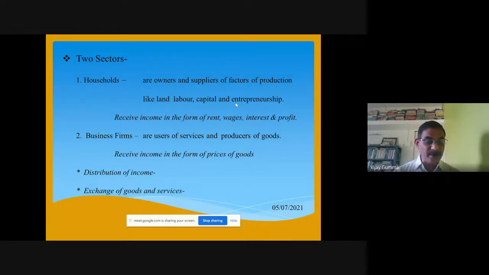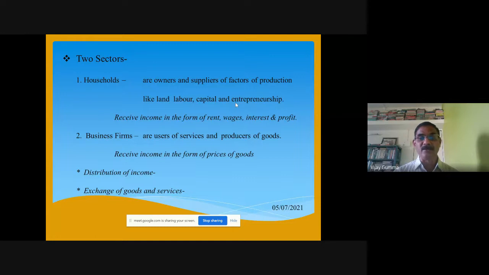In the commodity market, the household sector, owners of factors of production and consumers of goods and services, comes to buy goods.